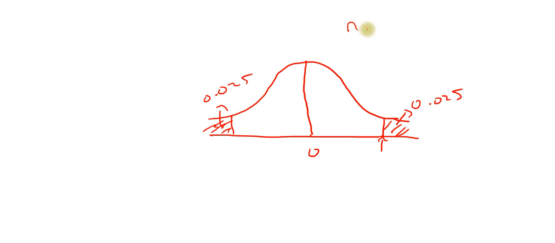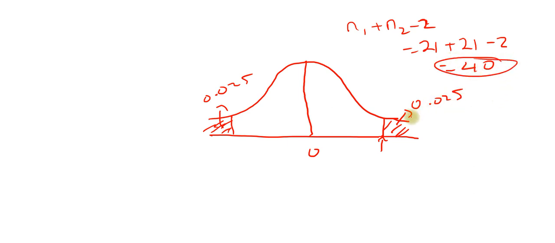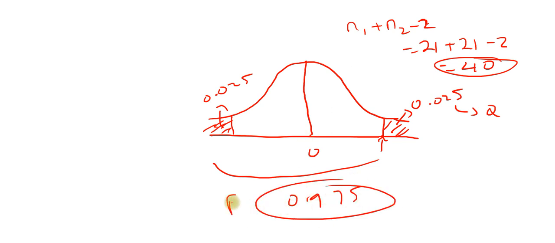Remember that our degree of freedom is n1 plus n2 minus 2, which in our example is 21 plus 21 minus 2, which is equal to 40, right? So you need to look for 40 degrees of freedom, and this value is our Q value in the T table. Otherwise, you would look at 95% plus 2.5%, which means 0.975 from the P value.